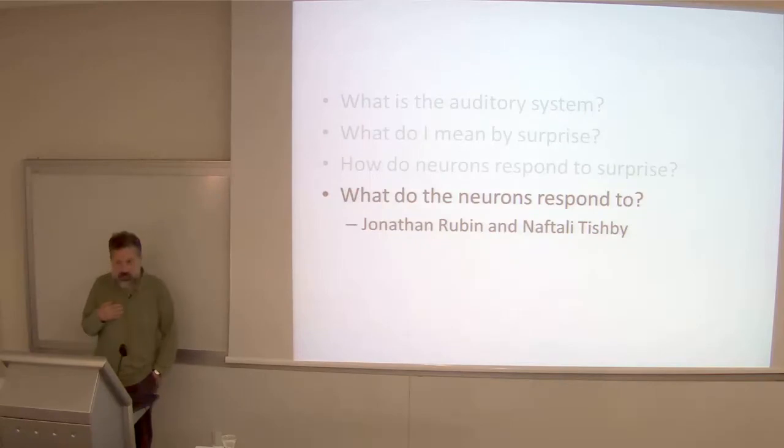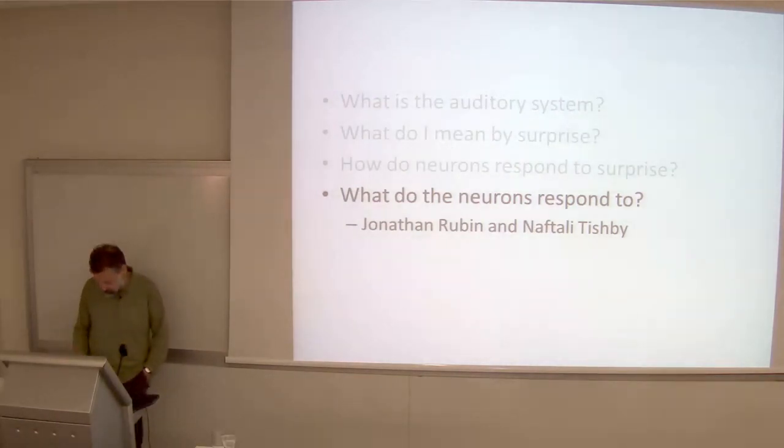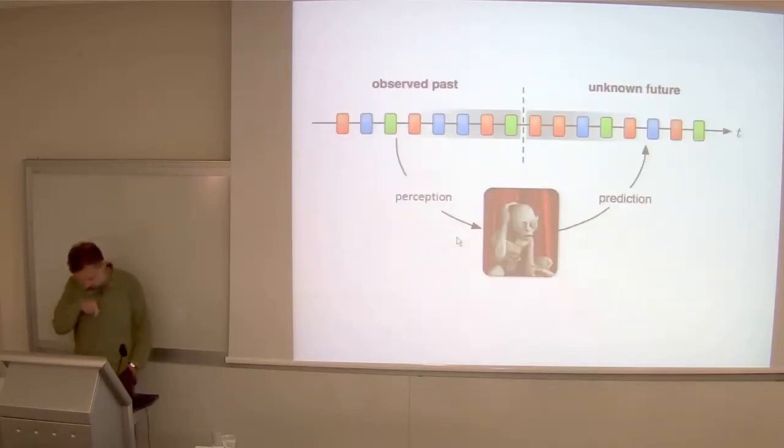So here's the question: when the neuron responds more to the rare sound, what does it really respond to? This is a bit of work that we did in collaboration with Tali. The person who actually did the work is Jonathan Rubin, who was a joint PhD student.